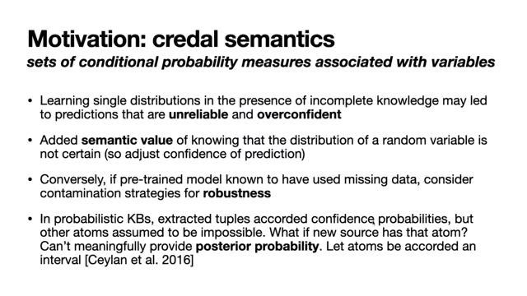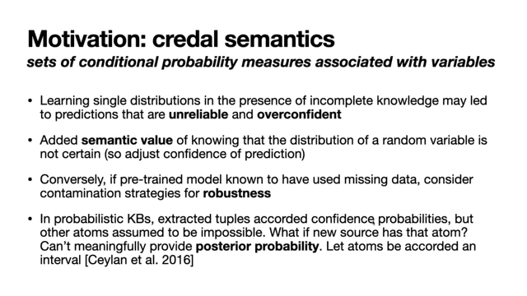Just to bring people up to date, Credal semantics associates sets of probability measures with each of the random variables. Now let's consider why we would want to do this. In the presence of missing data, or in the absence of complete knowledge, if you try to learn single distributions, then you might get predictions that are unreliable and overconfident.